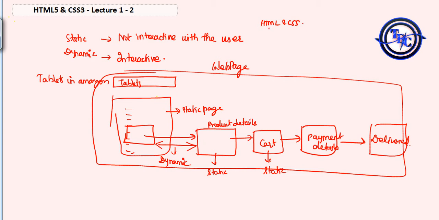We have seen HTML is used for structuring and CSS is used for styling. Next, we will see a concept called MVC. MVC stands for model, view and controller. This we will see when we see a topic called servlets in Java EE, Enterprise Edition.